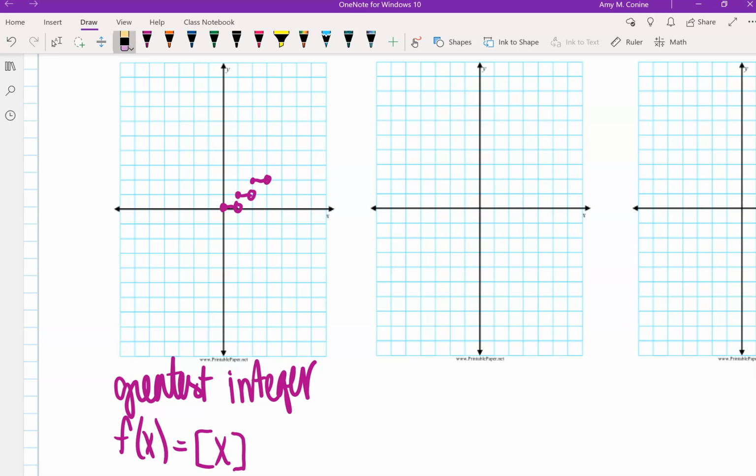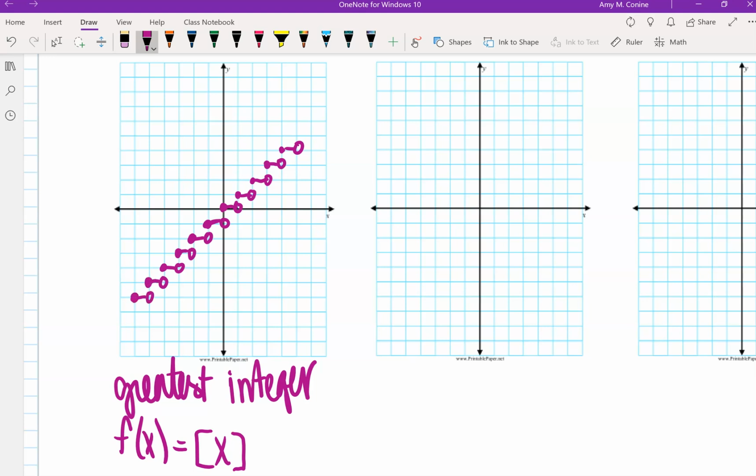If you can't tell, you're going to have open dots and then closed dots on top. We used to call this a step function. Okay, so you can see it makes little stairs, and as you add the transformations in here, it'll move around and you can graph it.